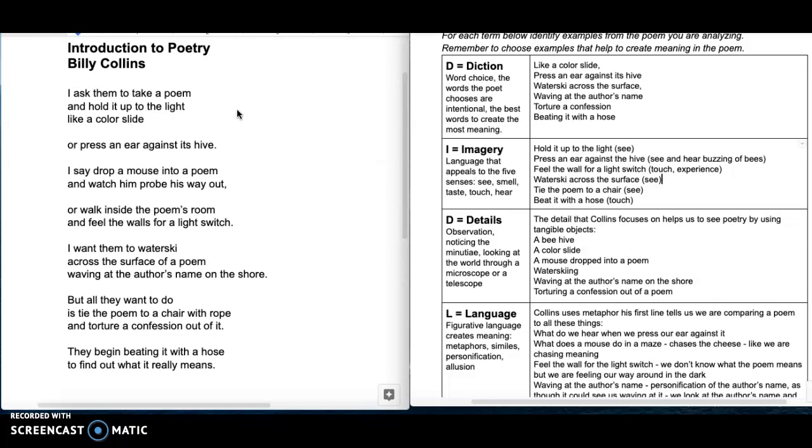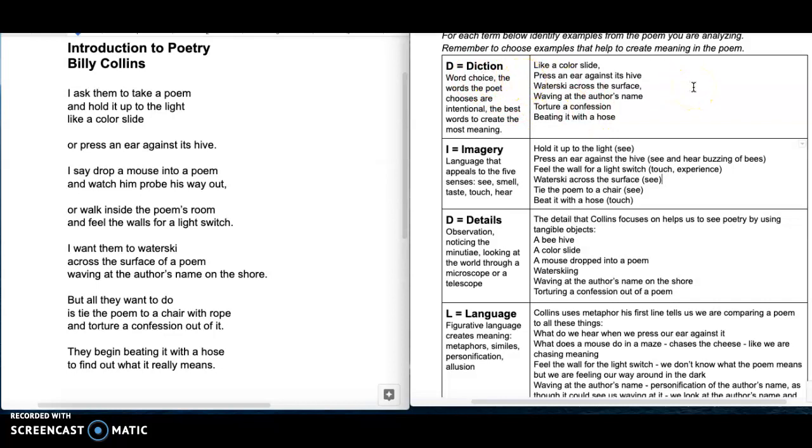So in this poem, Billy Collins is creating metaphor. It's an extended metaphor from the top of the poem all the way to the bottom, where everything he says is a comparison for what he asks his students to do with a poem. So over here on my DIDLS chart, you can see the first one is diction.